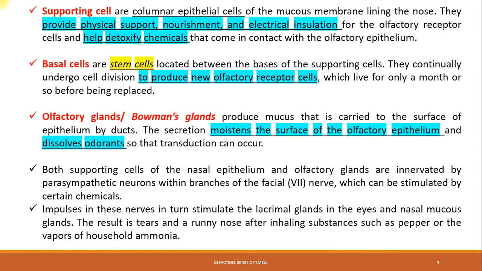Okay, so when we smell something very pungent, like a spicy tempering, we have tears in our eyes. That is because the nerves that arise from the olfactory epithelium also connect to the lacrimal apparatus of the eye.